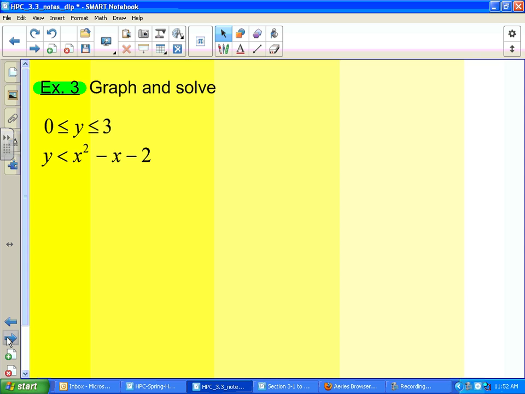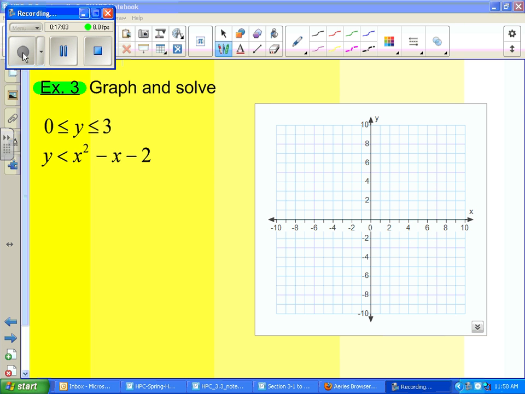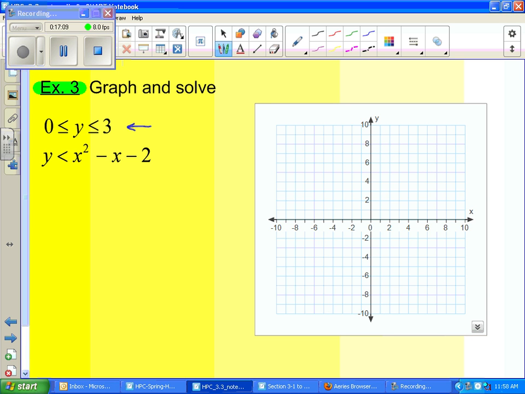What about your turn? Oh, yes. Let's try this one. We've got two linear functions, the y's, horizontal lines, one of them going through 0 and one of them going through 3.